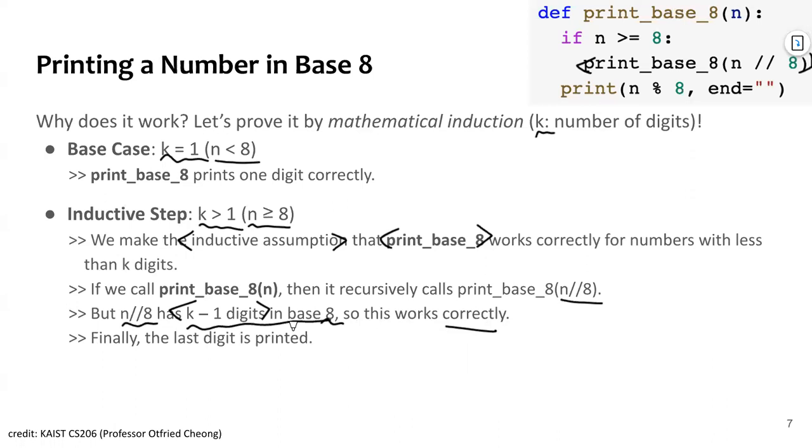Finally, we print out the last digit, right? Thus, it follows that print base 8 prints n in base 8 correctly. All right, so this is how we prove the functionality of this function using mathematical induction.